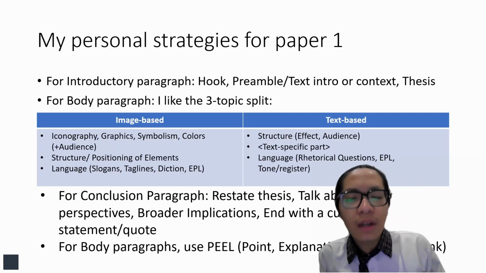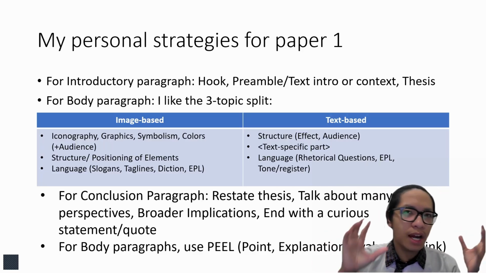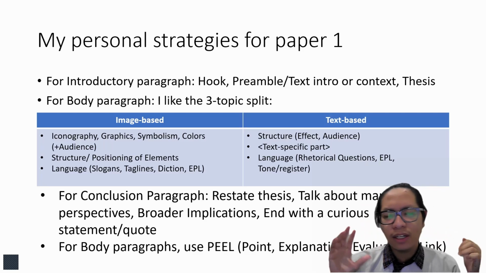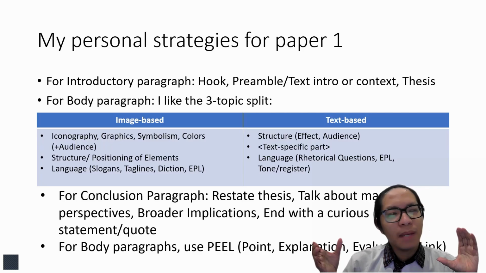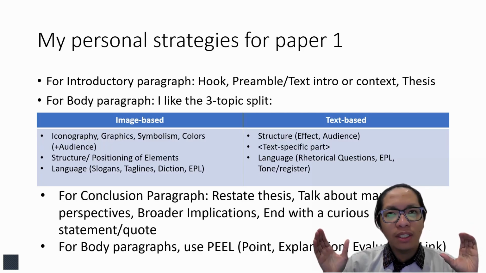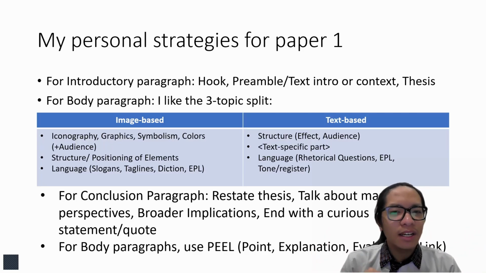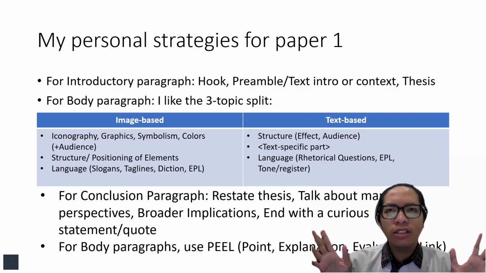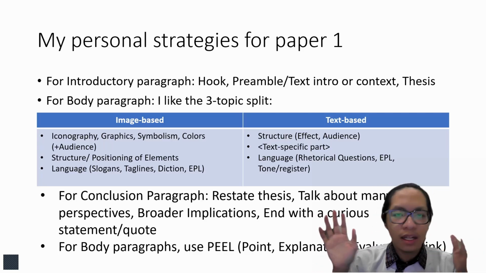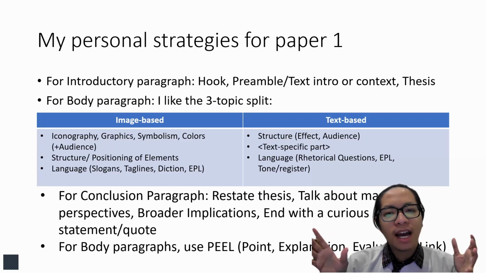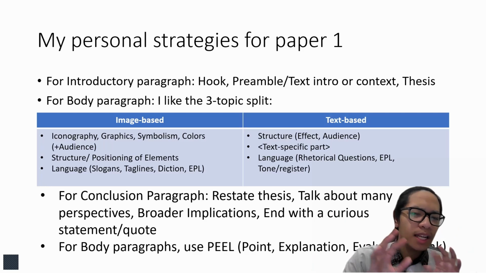So let's get on with my strategy. For paper one, I love to structure it where you have this very deep introductory paragraph. There's always a hook. Let's say we had this paper one the other day. It was about how digital technologies can affect people's moods and happiness. That reminds me of digital society. But furthermore, I just wrote something about how digital technology has changed our lives in many ways. That's a hook already, and I think you could really branch into other things with that. Then after you have that hook, you're going to need a preamble, like this sort of intro.